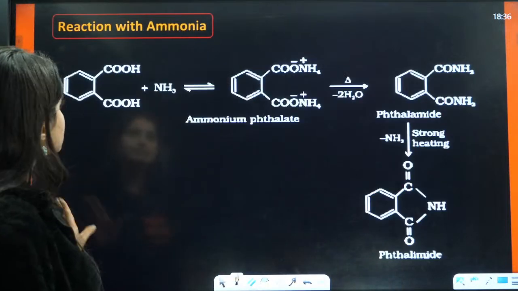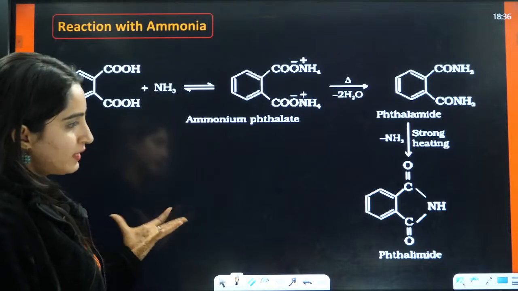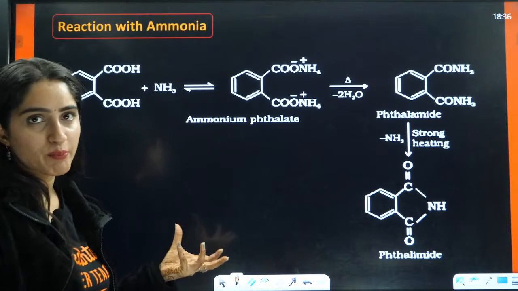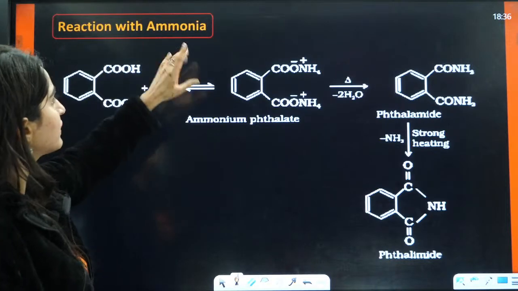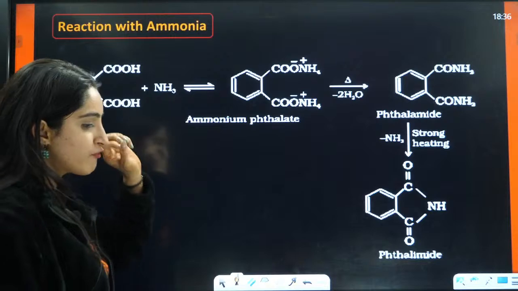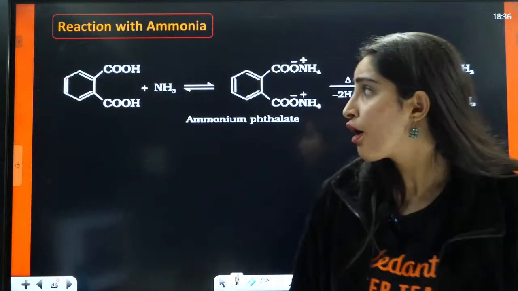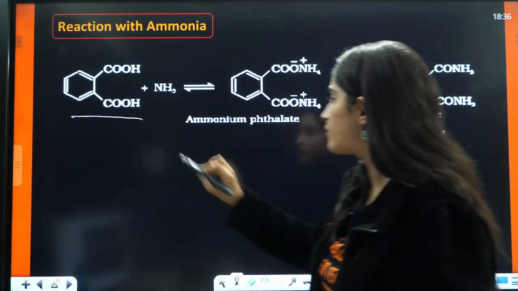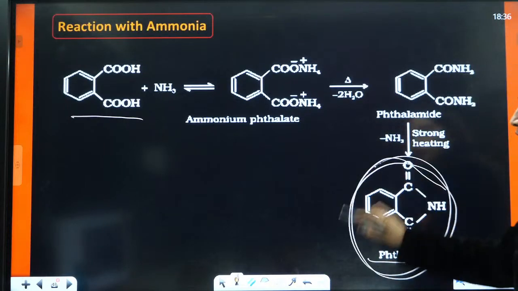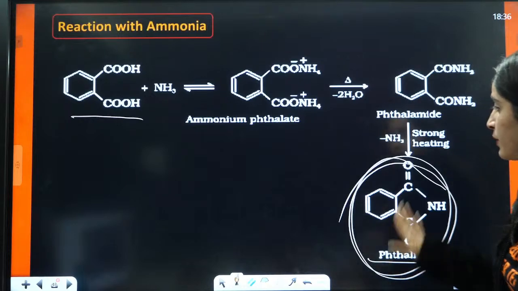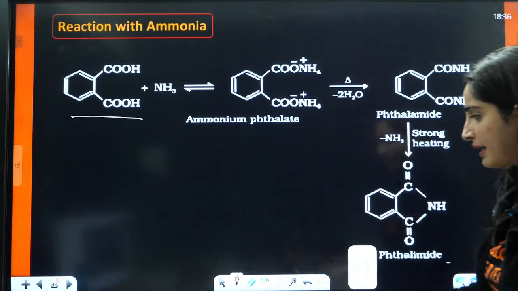Now, next is very important. This is actually a very, very important reaction, right? Here, the reaction with ammonia: this is your phthalic acid, and how this is converted to phthalimide. This phthalimide will be very useful when we do the next chapter, the amines chapter.